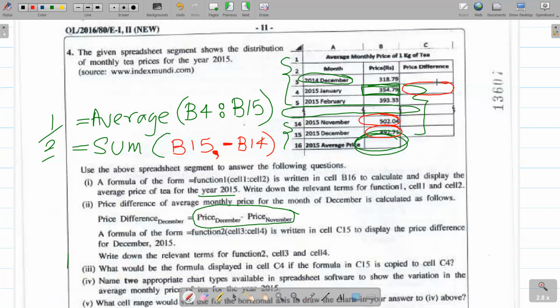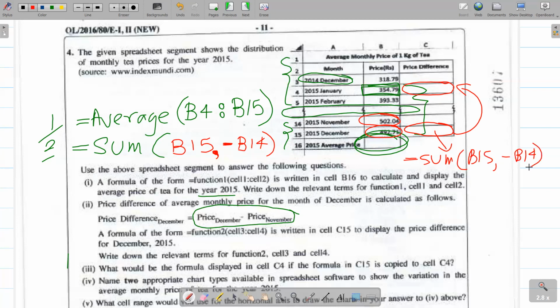The formula in cell C15, the one that we wrote over here, is going to be copied to over here. So here we have this particular one, equal sum B15 comma minus B14.